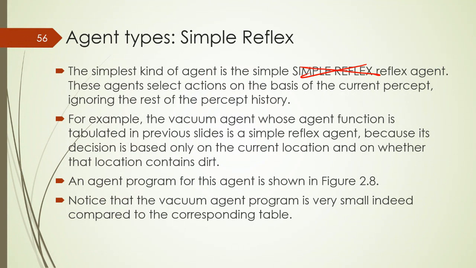You know, what is the input? Reflect based on that, okay? Instead of having percept history. For example, the vacuum cleaner agent function tabulated in previous studies is a simple reflex agent because its decision is based only on the current location and whether the location contains dirt or not. So that makes sense.